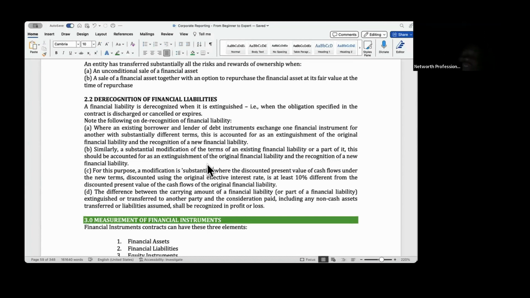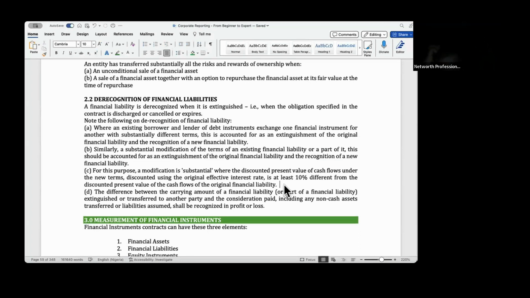A simple example: if you are owing, let's say, 10,000 naira, both interest and principal, and you are able to plead for adjustment of interest or period, such that the amount you are owing as a result of the modified terms is now 6,000.